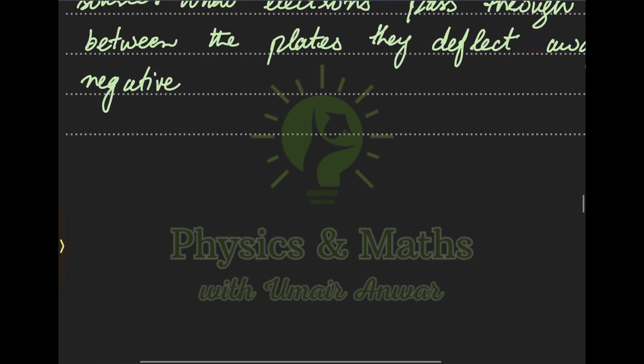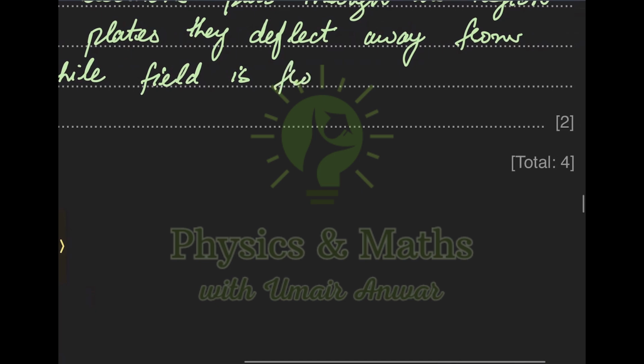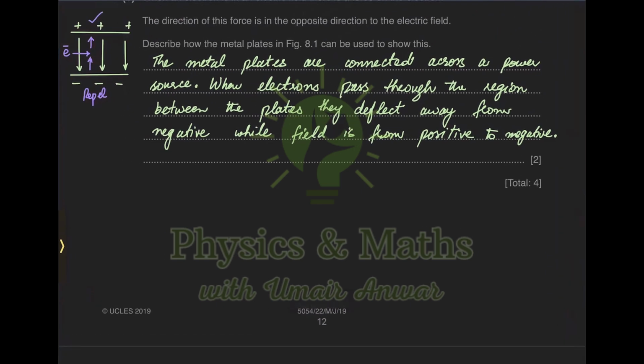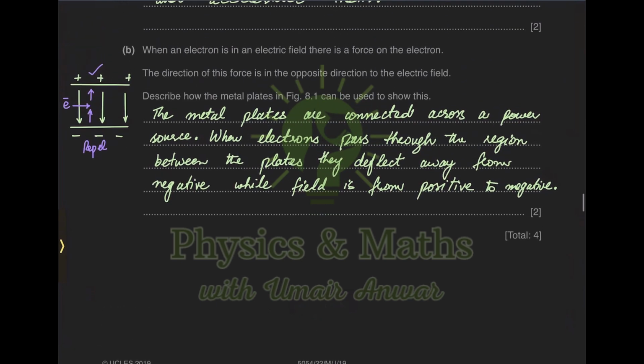They deflect away from negative, while the field is from positive to negative. So the direction of deflection is against the direction of the electric field present between the plates. So this is how we can answer this question, and the question ends here with this part.